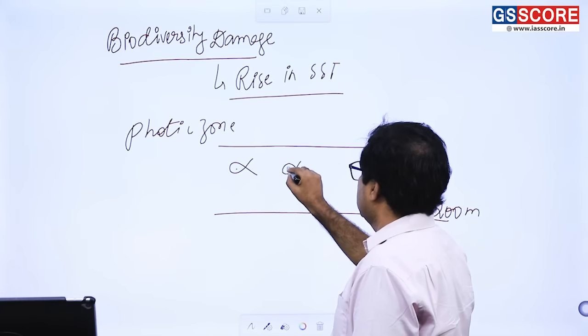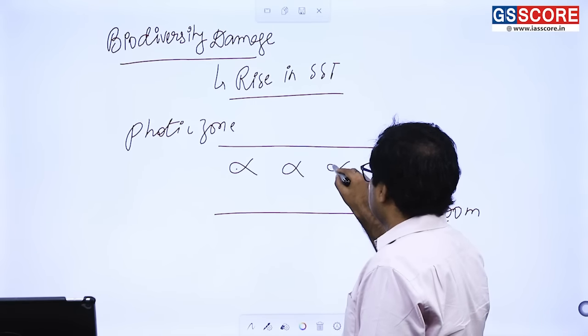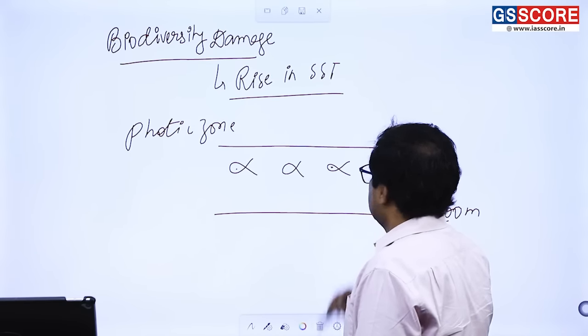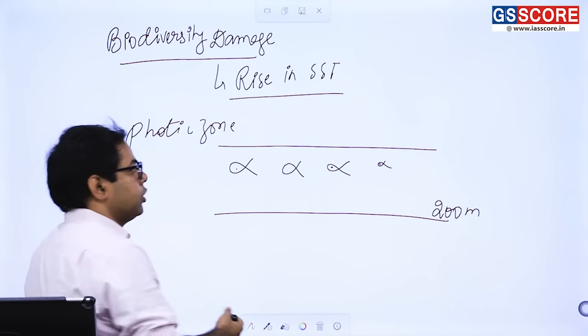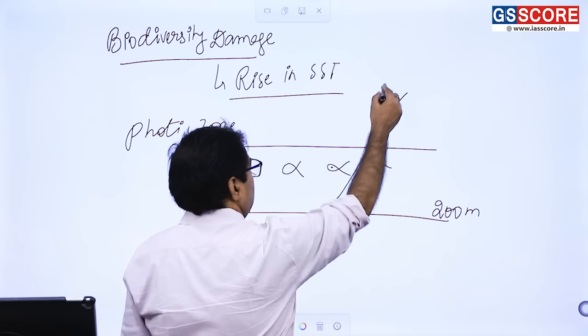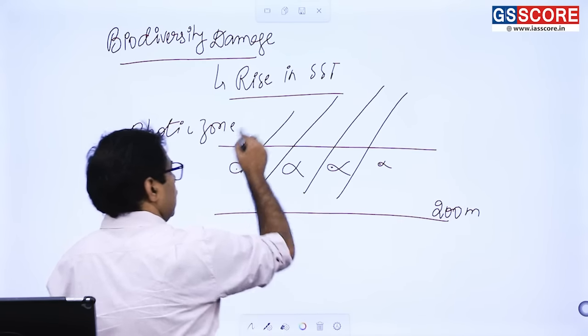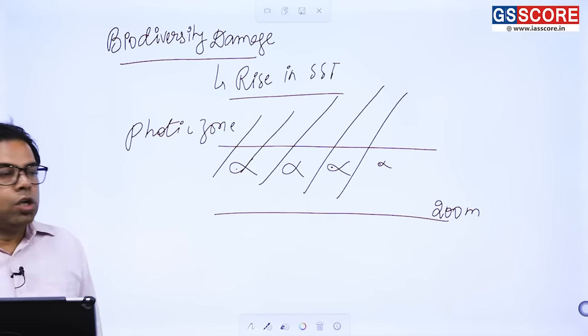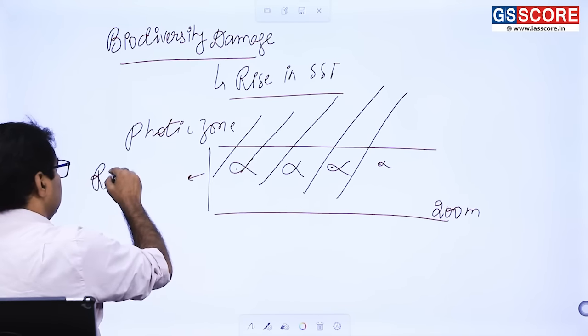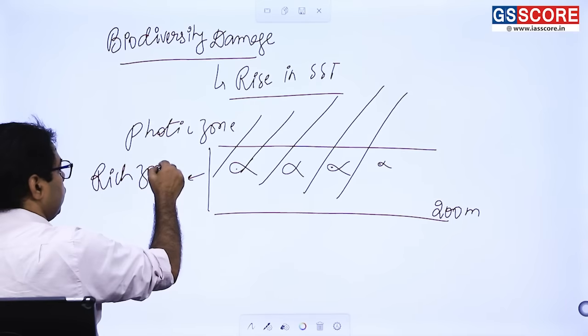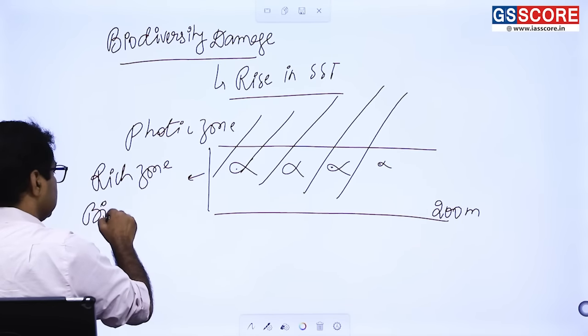All fishes swim or migrate from one place to another with the advantage of adequate sunlight in the ocean water. So this photic zone is a rich zone of biodiversity.